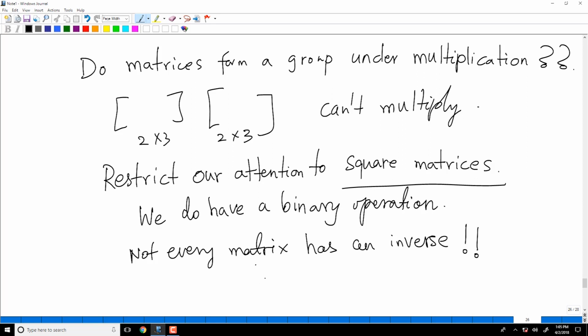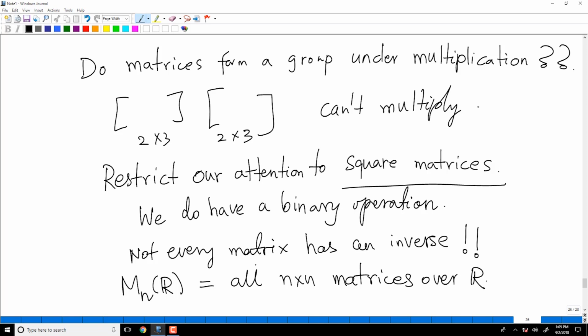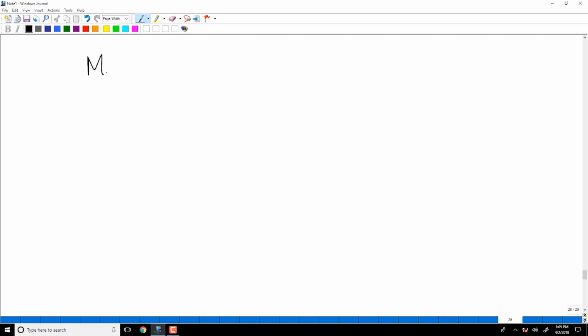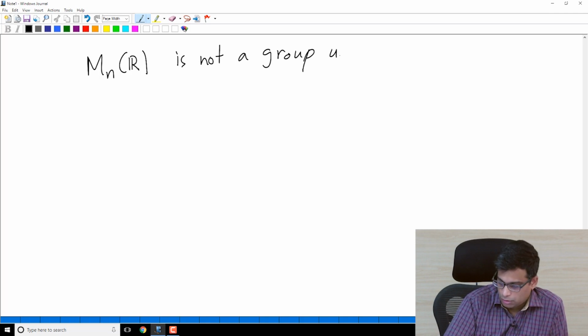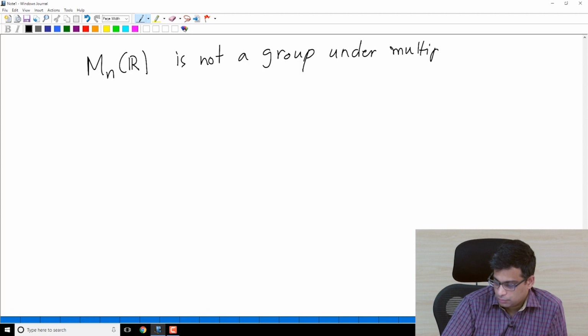So, if you look at M n R to be all n by n matrices over R, we agree, I hope, that M n R is not a group under multiplication of matrices.